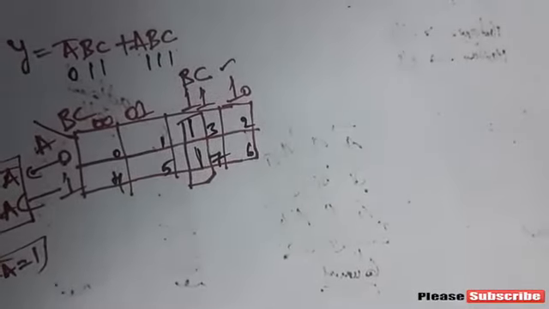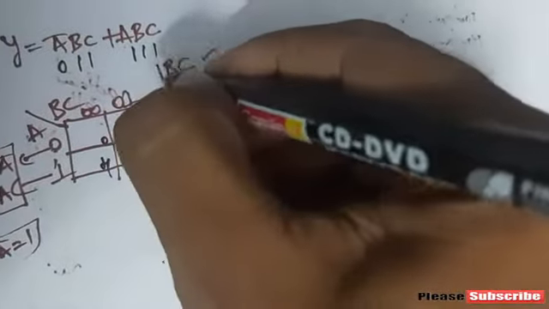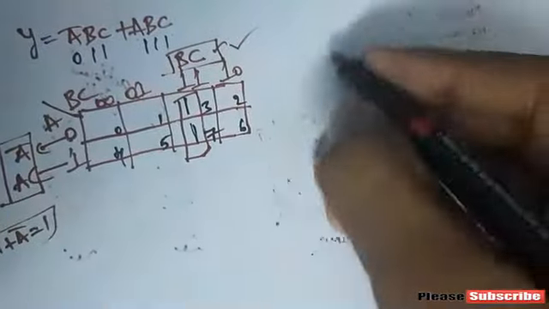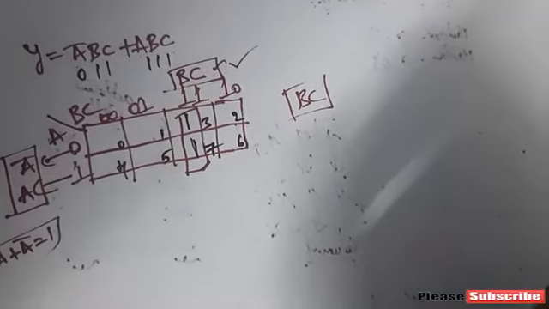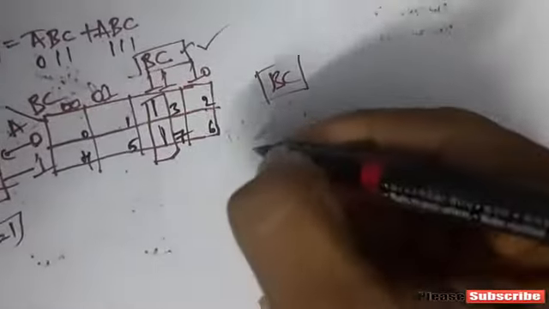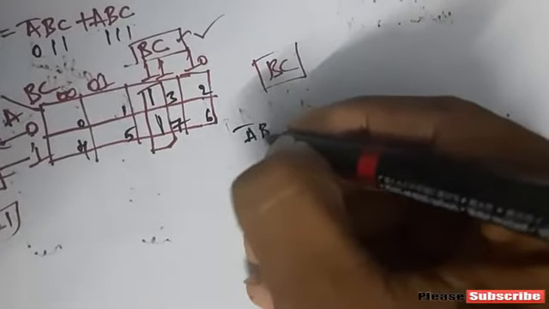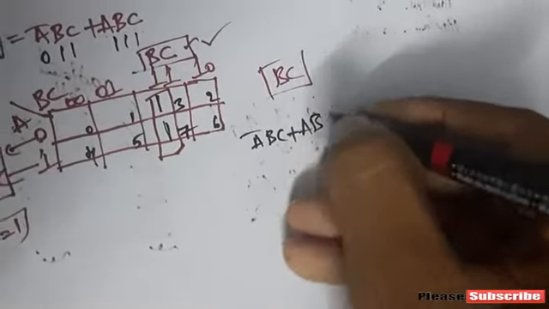Let's see with the conventional method. This was the shortcut method. Answer will be the BC. If you apply the conventional method, you will get the same answer or not. Let's check it once. A bar BC plus A BC.